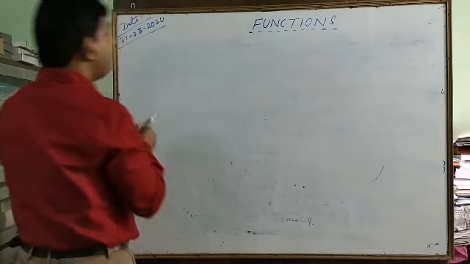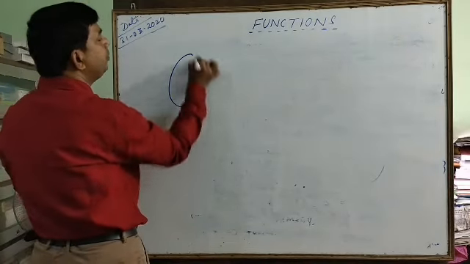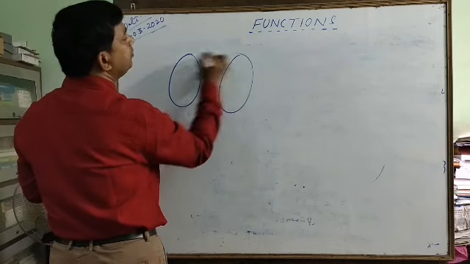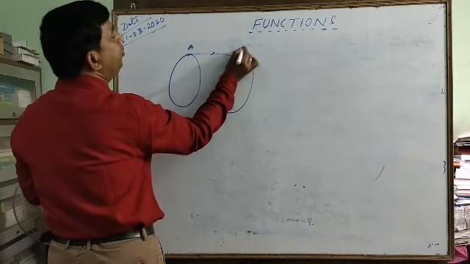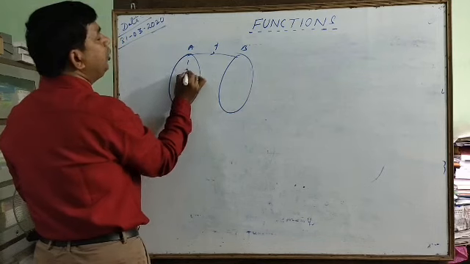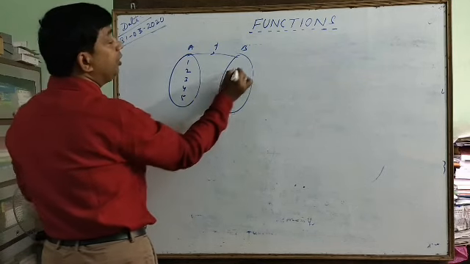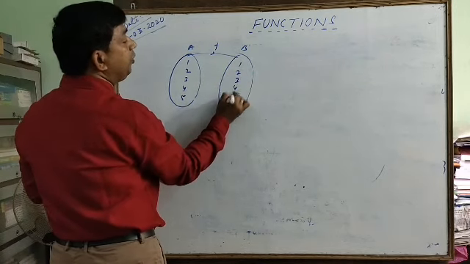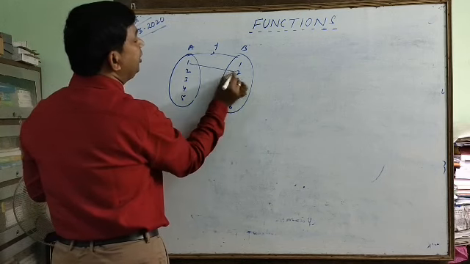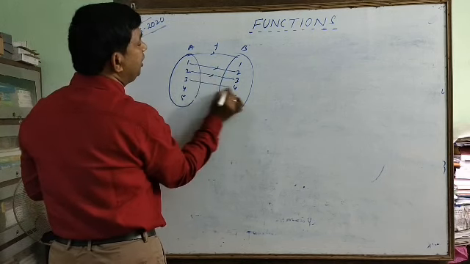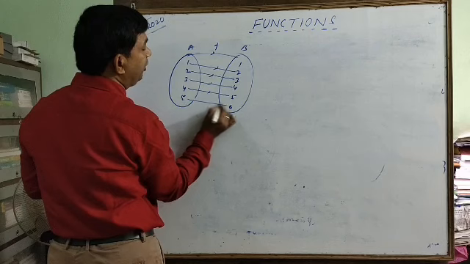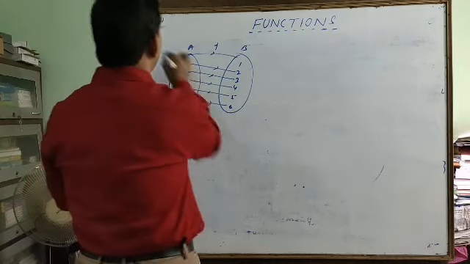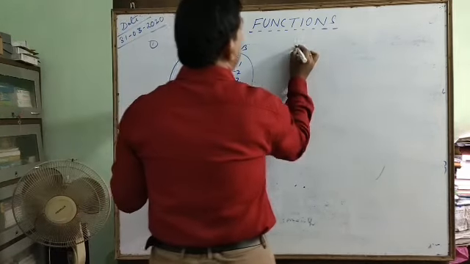suppose this is an example. f is a rule from A to B. 1, 2, 3, 4, 5 and 1, 2, 3, 4, 5, 6. 1 is related to 2, 2 related to 3, 3 related to 4, 4 related to 5, 5 related to 6. Later we will discuss if it is a function or not.